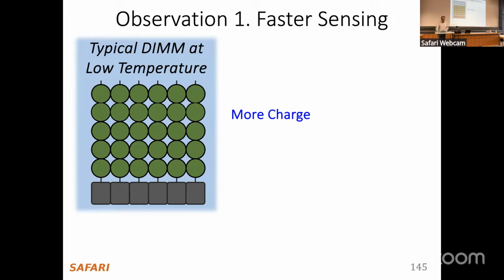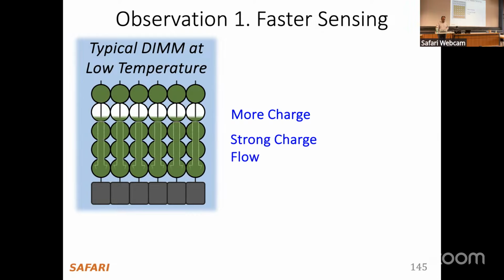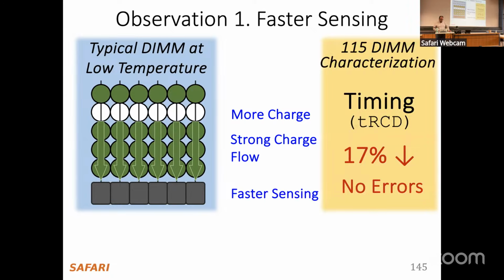We made several observations. The first one, which I'm going to show here, is that we can have faster sensing: more charge, meaning a strong charge and then a higher flow, which translates to faster sensing. Across the 115 DIMMs that we tested, the timing, which you can summarize by tRCD, can be reduced by 17% on average without observing any error.